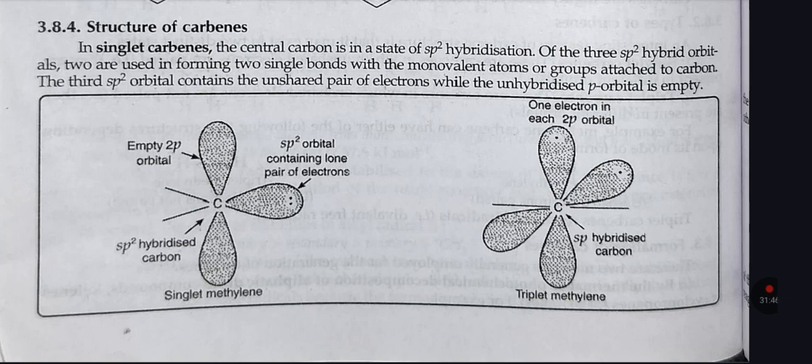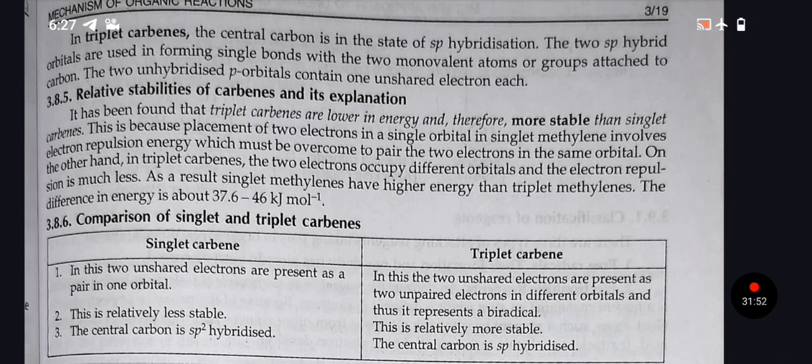This structure shows singlet methylene and triplet methylene. In triplet carbene, the central carbon is in the state of sp hybridization. The two sp hybridized orbitals are used in forming single bonds with the two monovalent atoms or groups attached to carbon. The two unhybridized p orbitals contain one unshared electron each.